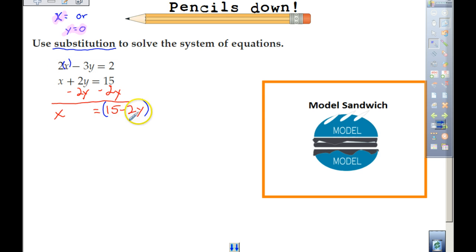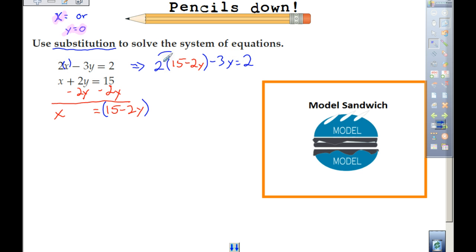I'm going to put this 15 minus 2y where this x is here, and then solve that equation. So I have 2 times (15 minus 2y). That's going to use a lot of the stuff we've been going over, solving equations. For x is 15 minus 2y. Don't forget the rest of it. Minus 3y equals 2.